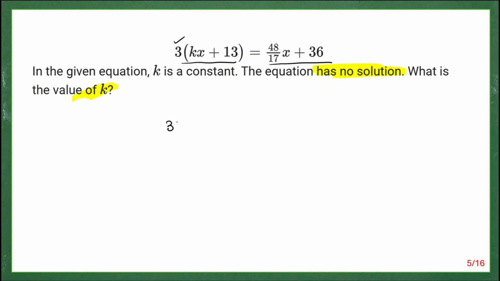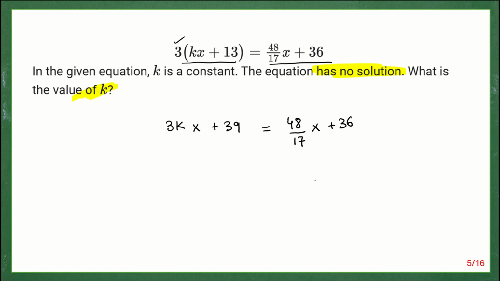So I have 3kx plus 3 times 13, that will become 39, equals 48 over 17 x plus 36. Okay, so this is the expression we have. Now each one of them is representing an equation of a line.